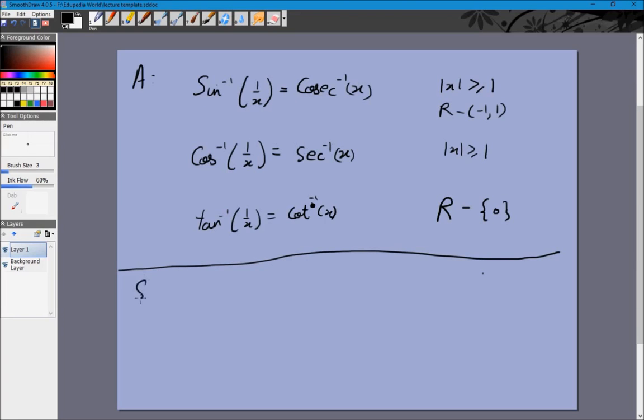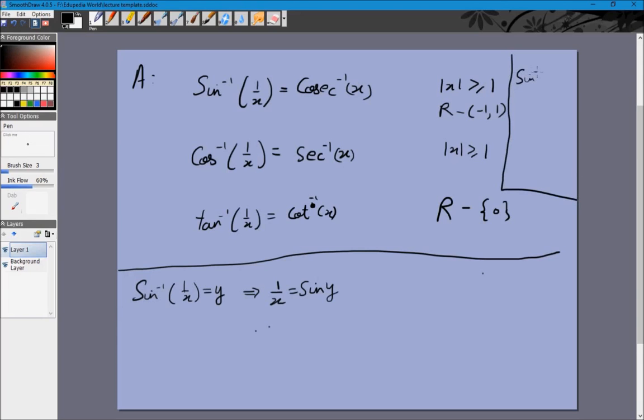If sine inverse 1 by x is equal to y, that means 1 by x is equal to sine y. By the way, how did I get this equation from this? I took the sine on both sides and I used the equation sine of sine inverse something is something. And basically that's an equation I told you about.